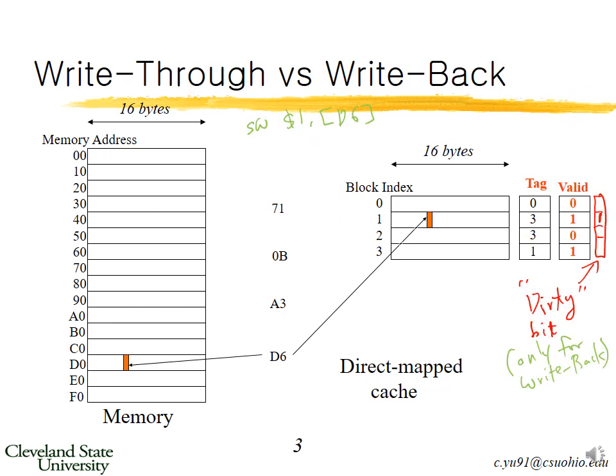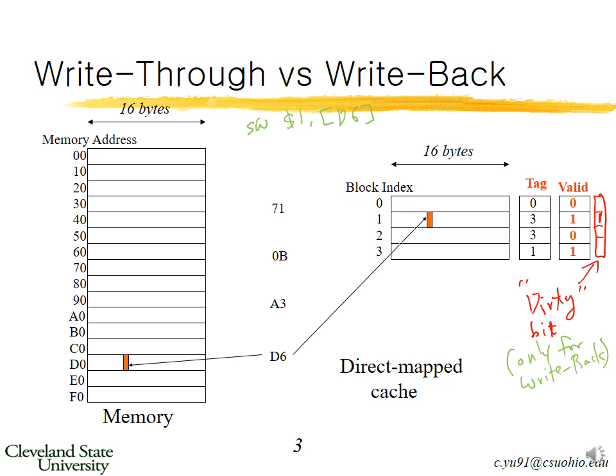Another discussion we did last time was a write operation. The CPU is executing a store instruction. The D0 to DF block is already in the cache, so this is a cache hit. On the other hand, this is a write operation, so the write-through policy is that you not only update the value in the cache, but also update the value in the main memory.